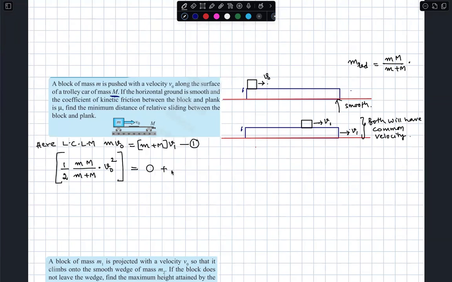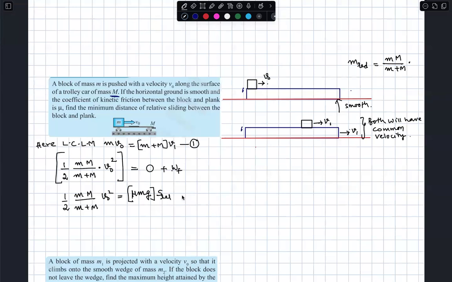Plus, you are doing work against friction. So the energy that I had initially is totally lost to do work against friction. Right. You want the minimum distance, right? This is half small m capital M by small m plus capital M V naught square is equal to friction, which here is mu m g, I know that, times S relative.